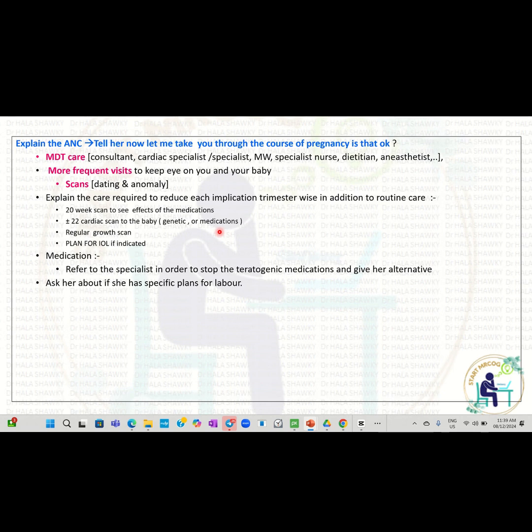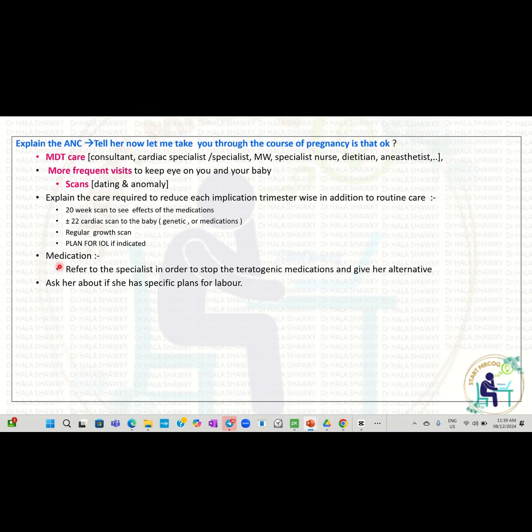So we will do a detailed structure scan for the baby, in addition to a 22-week scan for the heart. And the baby may not grow as well as expected, so we will do regular growth scans. We may plan induction of labor at term, or earlier in case a complication happens.